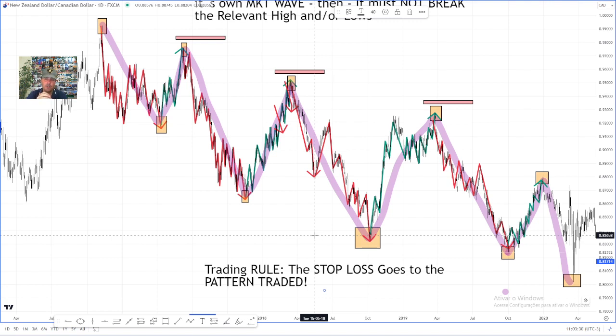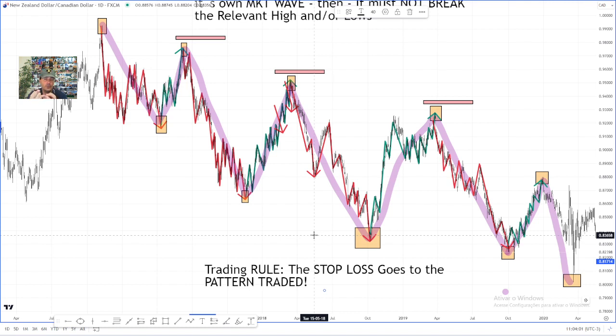Boss, can you repeat please? If we would short the market wave anywhere in a downtrend or an uptrend, even with a different visual or not being skilled or not understanding the market, if I would just learn the skill, and this is a learnable skill, to put the stop loss in the correct place, the stop loss goes on the pattern traded, and in this example we are talking about the market structure trend called the market wave.